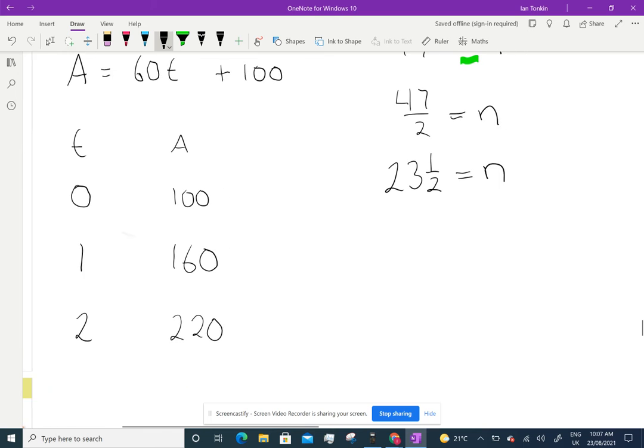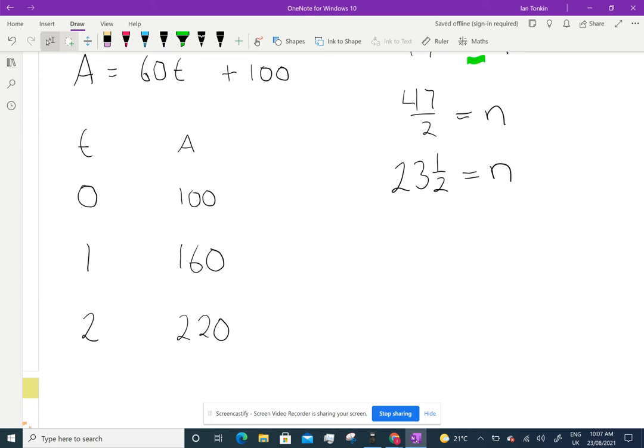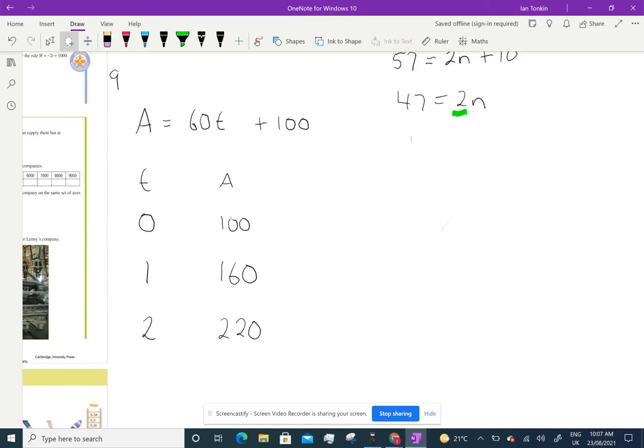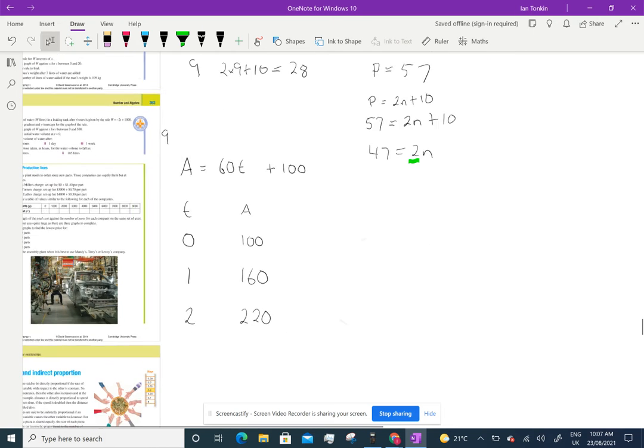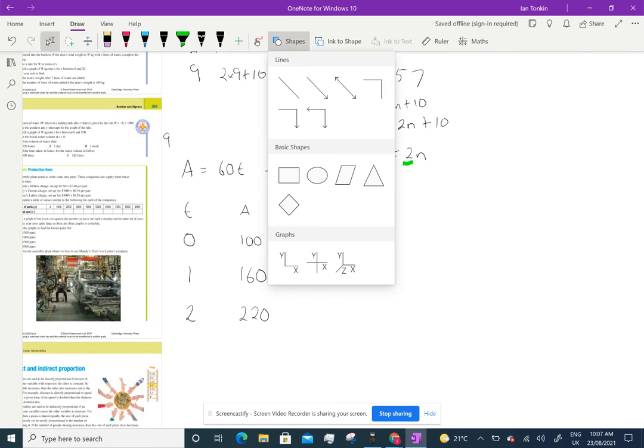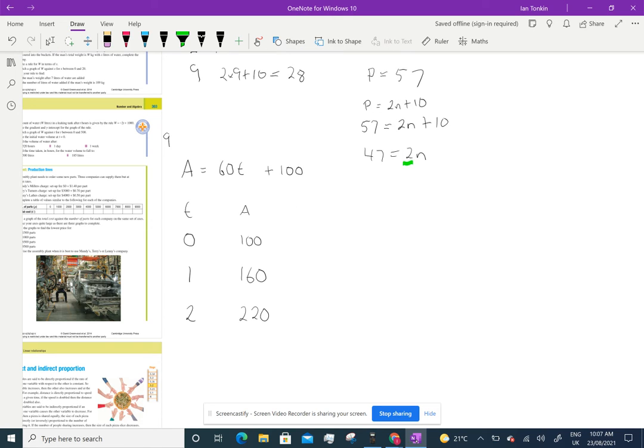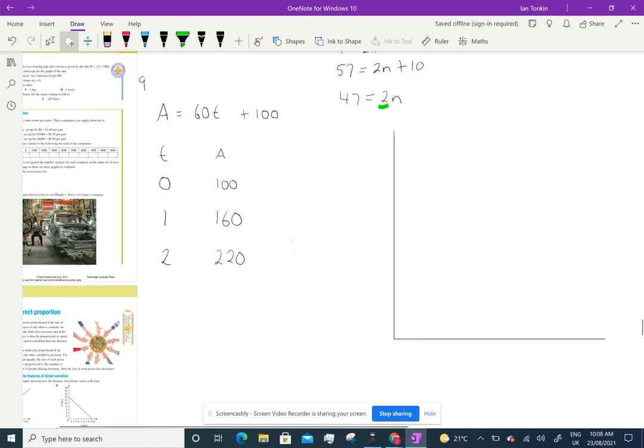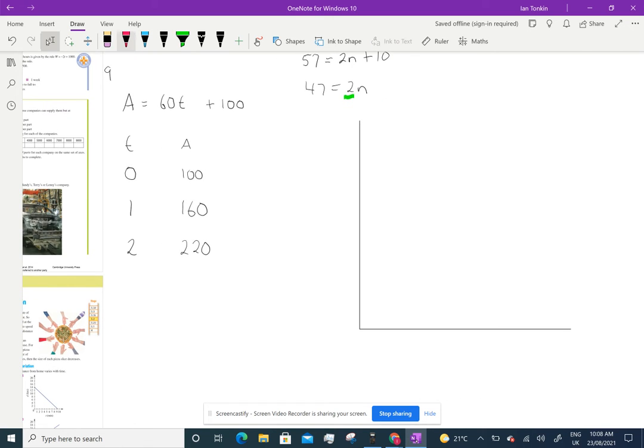So now I have to draw a graph representing this. So let's get myself a set of axes. And remember, we're only using positive axes. I've got my rule over there, so I'm going to put A along here, and I'm going to put T along here.